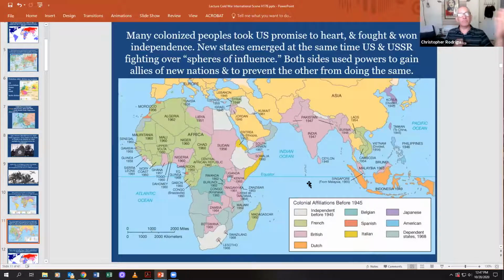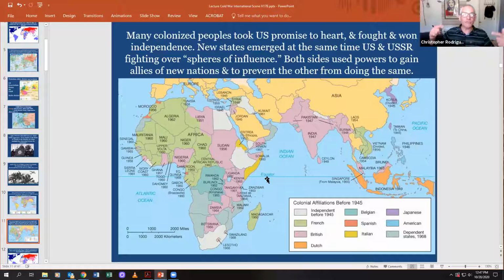So there was a backlash, at least rhetorically, on the colonization that took place from the 1850s to World War I and II. So many of these nations basically cut and pasted, fought for their independence from France, England, Belgium, and other places, and cut and pasted part of the Declaration of Independence and declared their own independence.